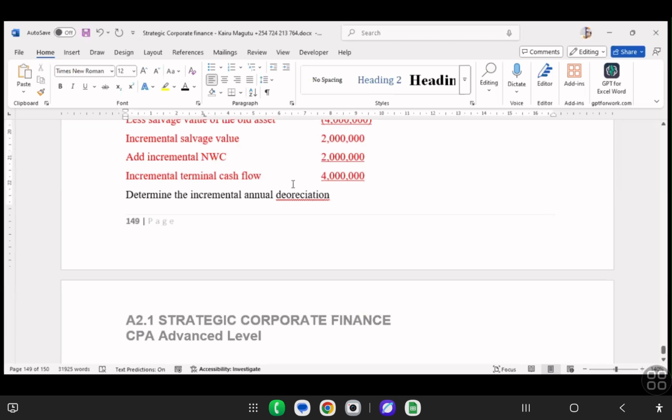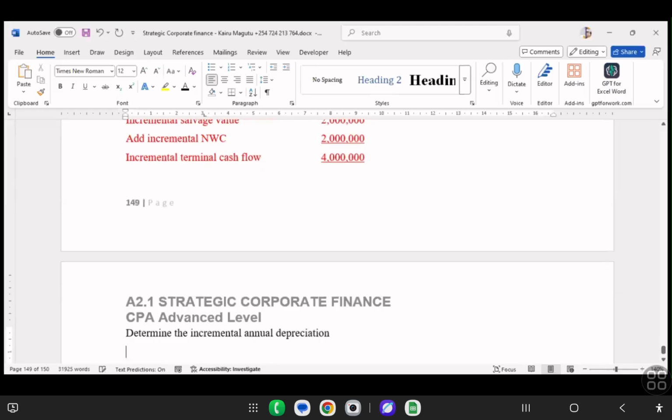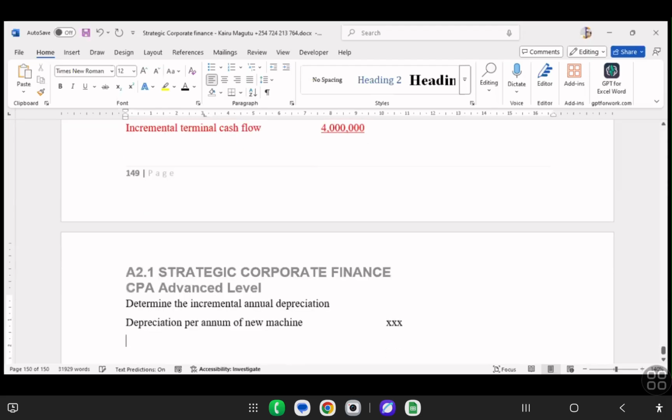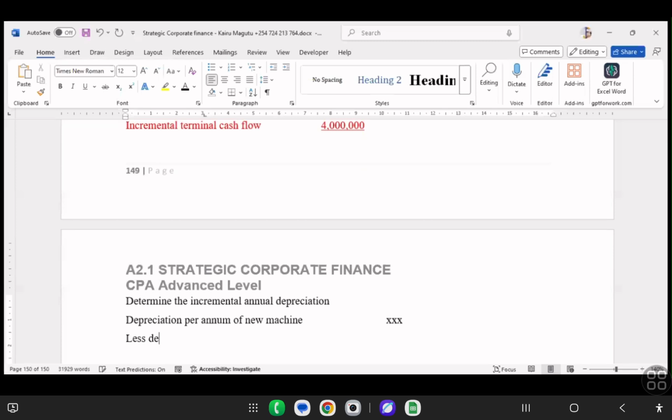How do we get to that? This is depreciation. We say that depreciation per annum of the new machine, we less depreciation per annum of old machine.